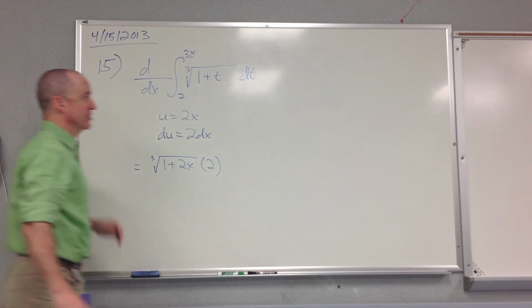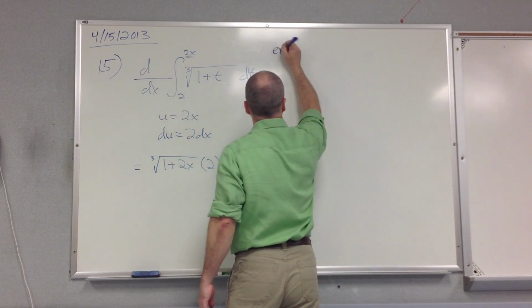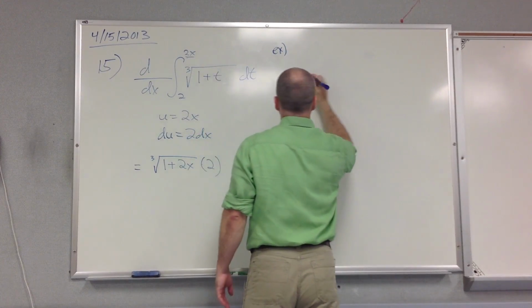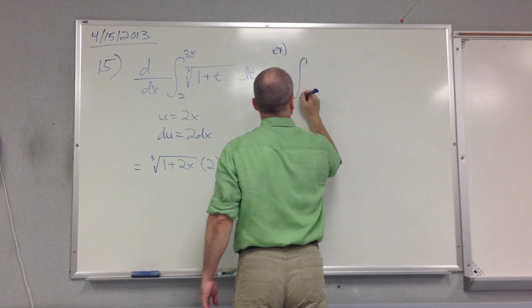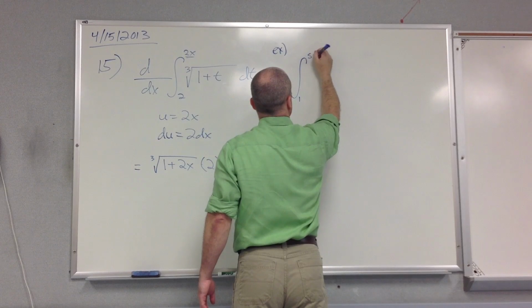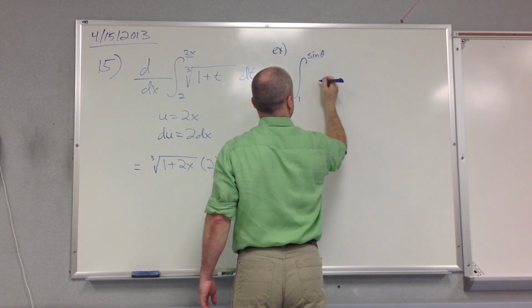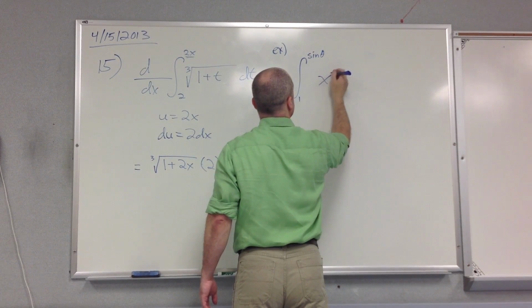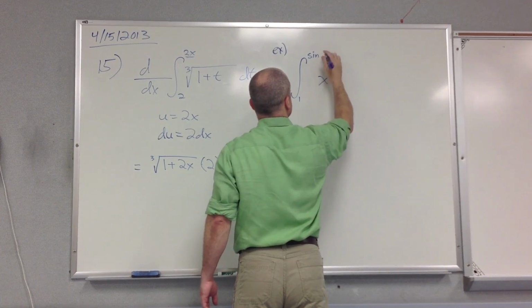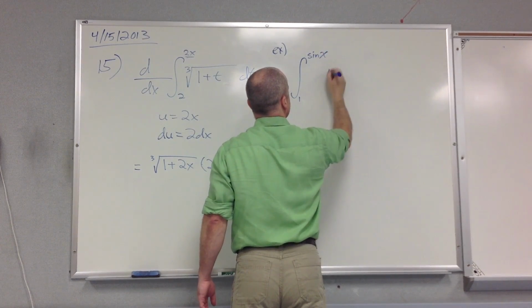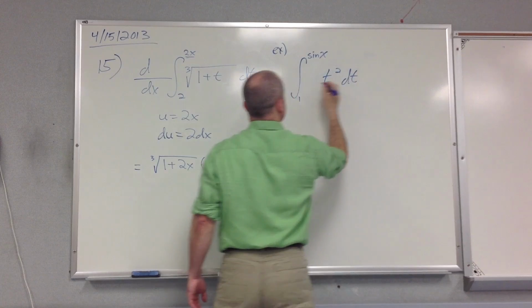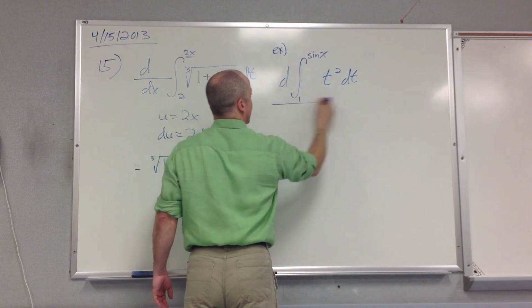Let me do another example of this just to get the pattern, because I don't think I explained that well. Let's say it was the integral from 1 to sine x of t squared dt, and that was being derived.